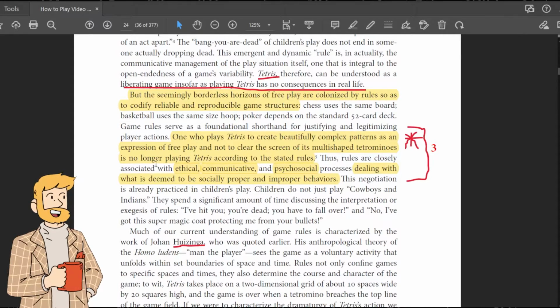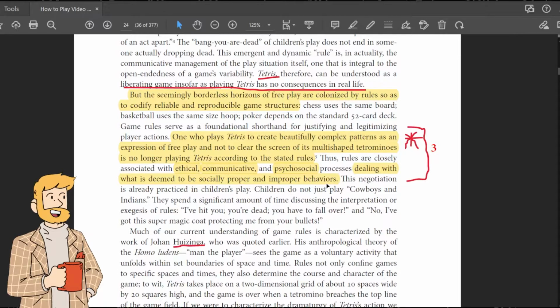Thus, rules are closely associated with ethical, communicative, and psychosocial processes dealing with what is deemed to be socially proper and improper behaviors."